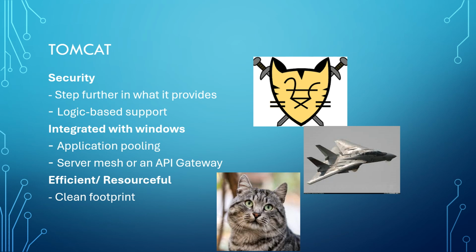It does the basic stuff, right? Tomcat goes a step further, and because it's in Java, it connects the server and the application through the Java application, and it does more logic stuff.